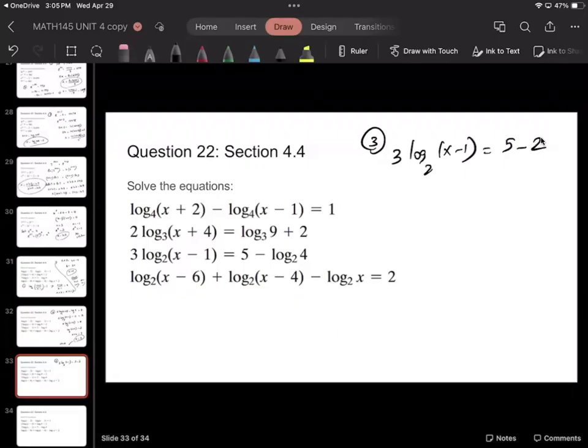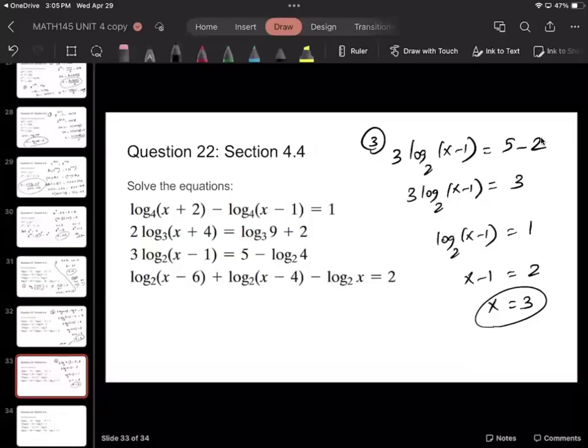Okay. So 5 minus 2 is 3. Then I divide both sides by 3. And then I convert it into the exponential form and then add 1 to both sides. And check 3 minus 1 is a positive number, so we are good.